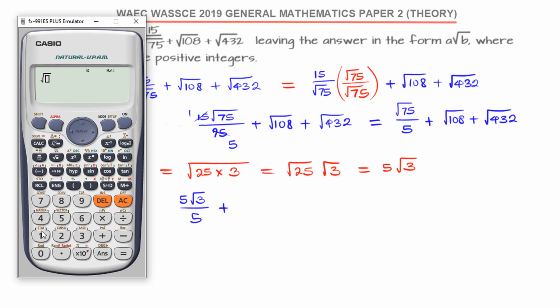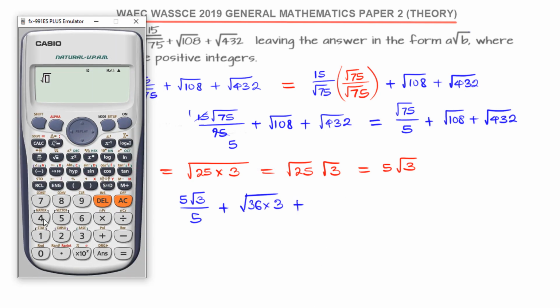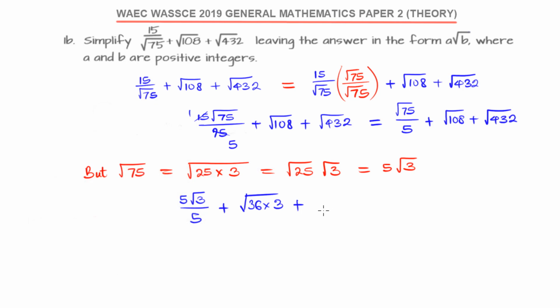If you say root 108, my calculator is giving me in short form 6 root 3, okay? And that is root 36 multiplied by 3, and root 36 is 6. So I can just show my working here, that's root 36 times 3. The same thing with 432, that is 12 root 3. So for us, we know it is root 144 times root 3, okay?